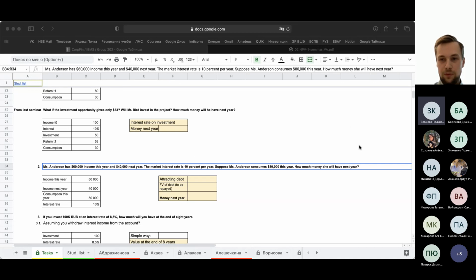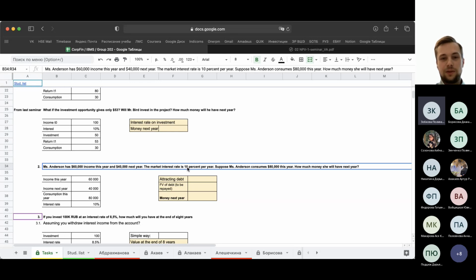Okay, for the guys who joined us recently, we are working in Google Spreadsheets, and we have the link to this Google Spreadsheets in our chat. Okay, so the next task is about Mrs. Anderson, who has $60,000 of income this year, and will have $40,000 of income in the next year.